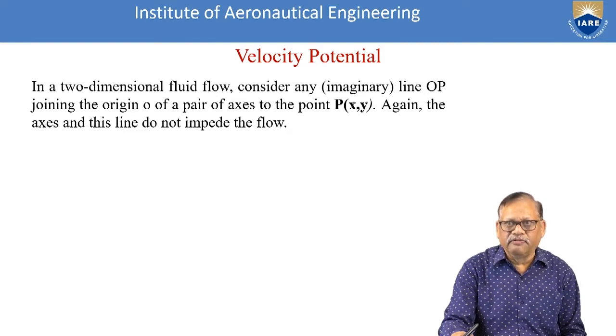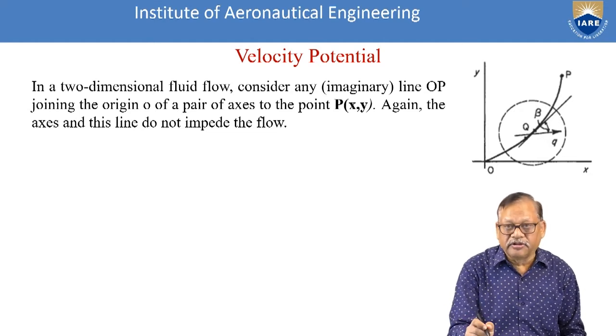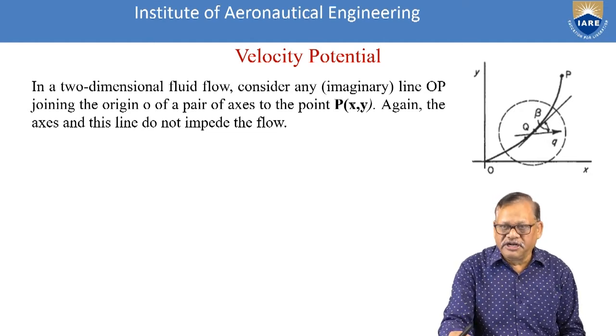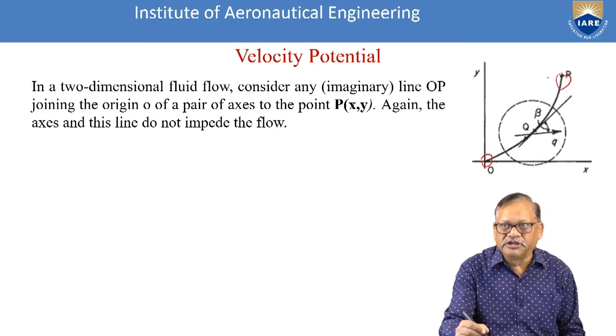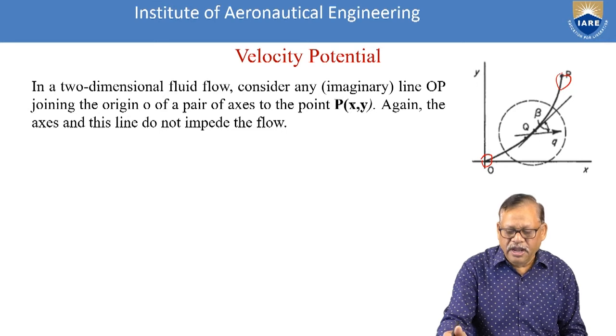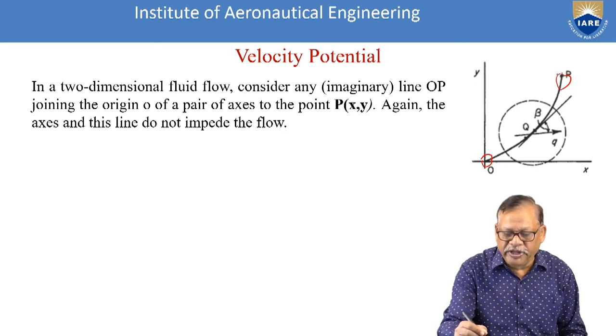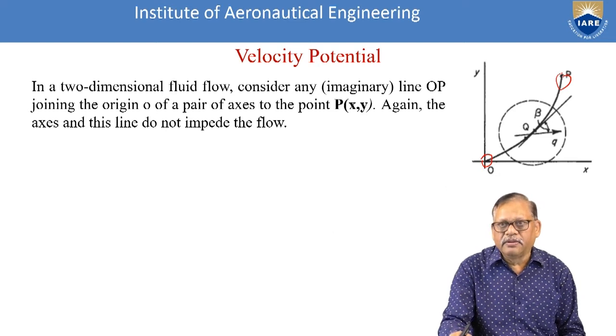In two-dimensional flow, the same way, consider an imaginary line O to P, joining a pair of axes, and you consider a point P. Again it is the axis of X and Y only.